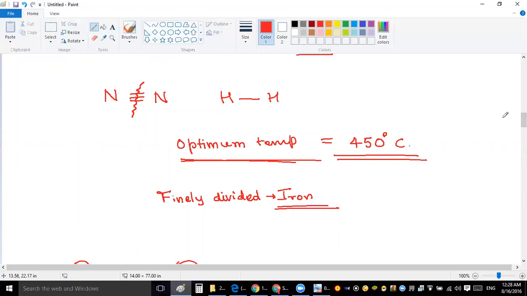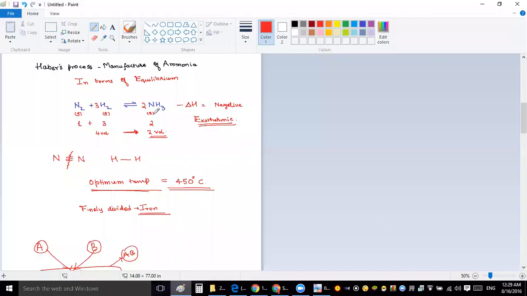If you have any doubts or questions, you can ask me. The purpose of using a catalyst is that equilibrium is achieved quickly, so that immediately, because ammonia can be easily compressed, it can be removed. Once it is removed from the reaction mixture, more nitrogen and hydrogen are left. So again the equilibrium will shift towards the right, and again we are going to get more ammonia.